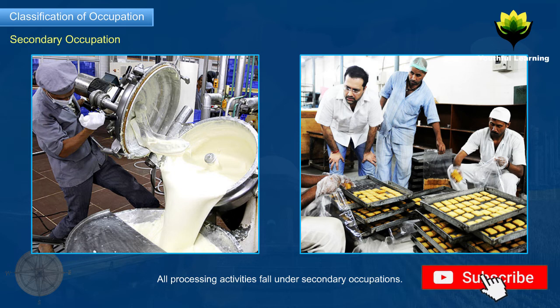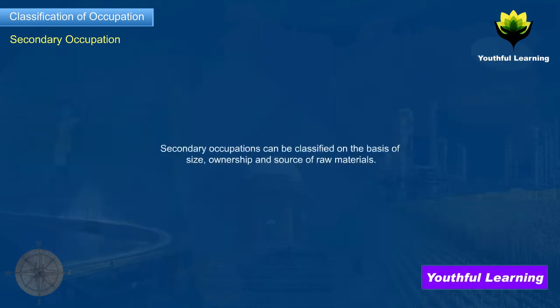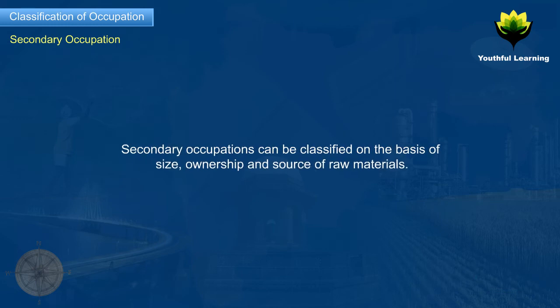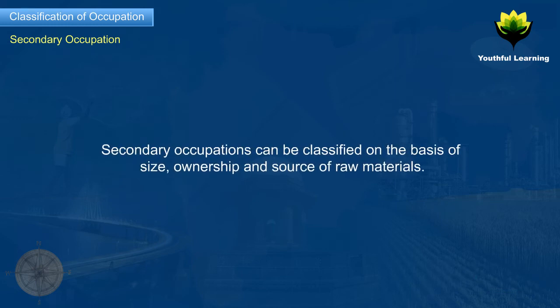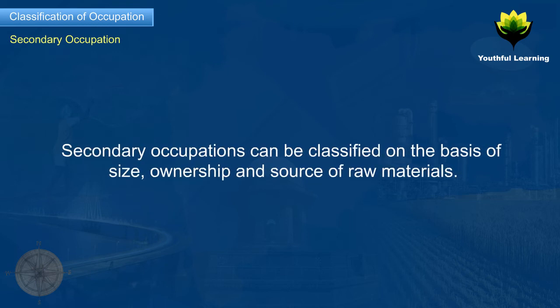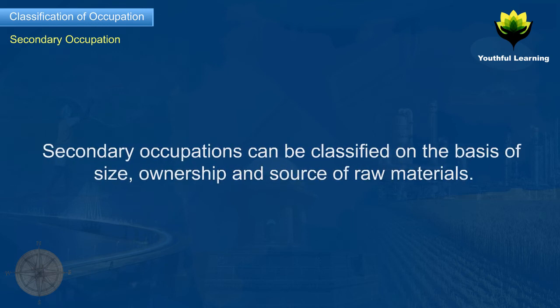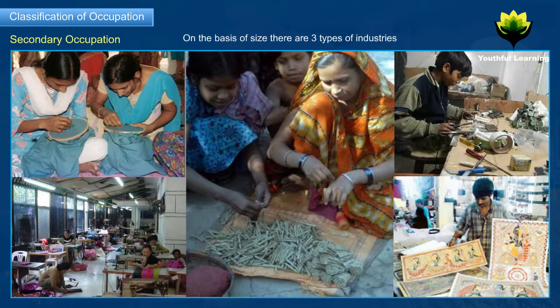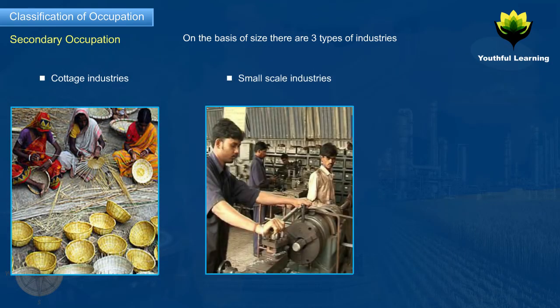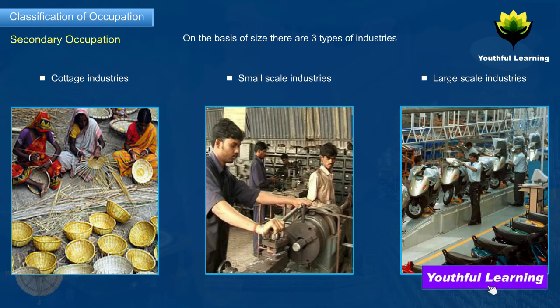Types of secondary occupation. Secondary occupations can be classified on the basis of size, ownership, and source of raw materials. On the basis of size, there are three types of industries, that is, cottage industries, small-scale industries, and large-scale industries.